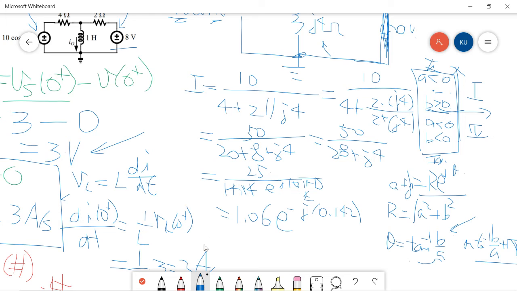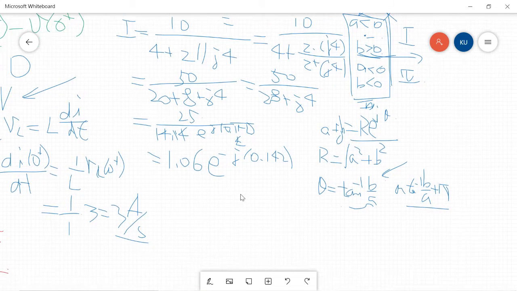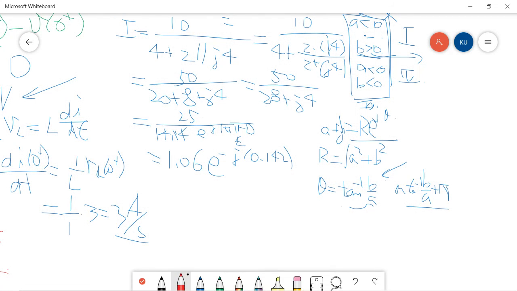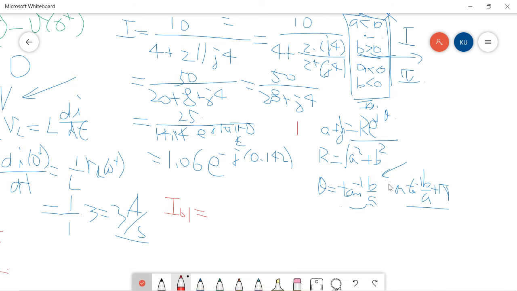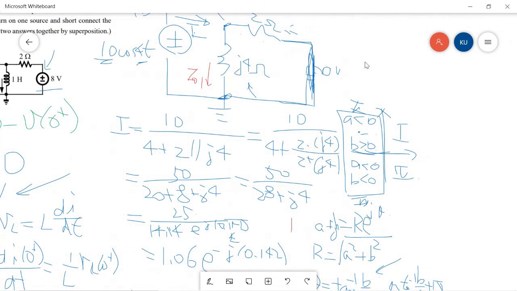So the next step is to find the IO1 here. The phasor of IO1 will be, we can see it like this.